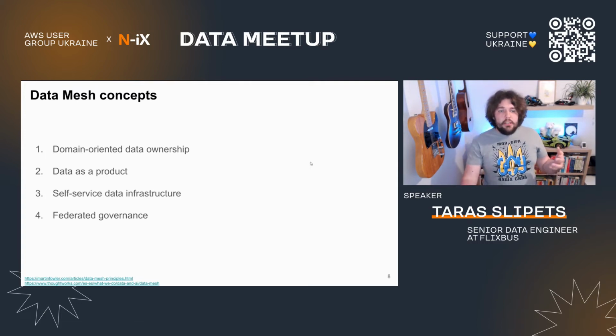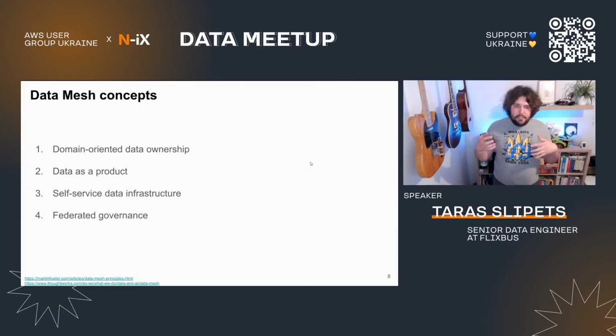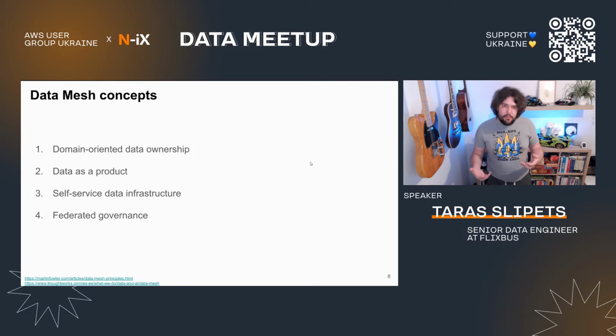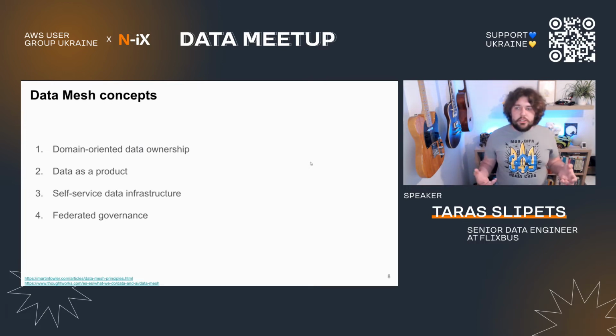And a fourth principle says that, of course, part of the ownership of the data automatically requires its governance. When we talk about domain-oriented, decentralized ownership, what comes next as a consequence is federation. If you have multiple domains, of course, you will have multiple teams in them.